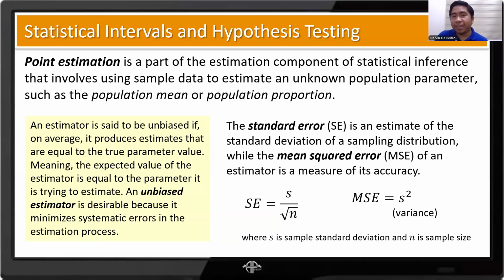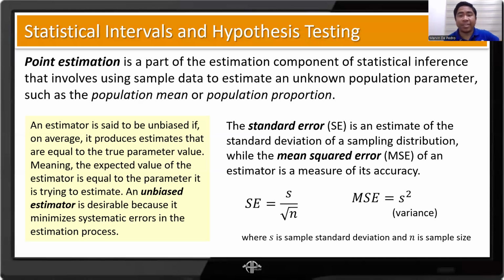It is an estimate of the standard deviation of a sampling distribution, and we can compute that by dividing our sample standard deviation by the square root of our sample size. Another thing, we have the MSE or the mean squared error, which is a measure of its accuracy. Basically, the MSE is our variance.